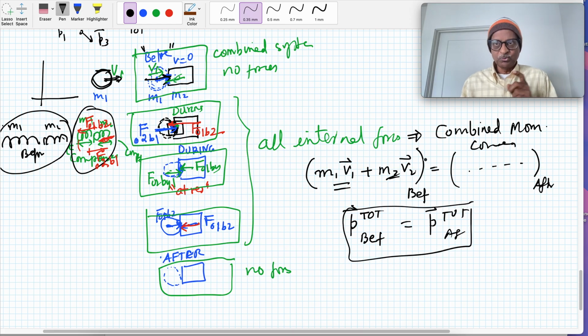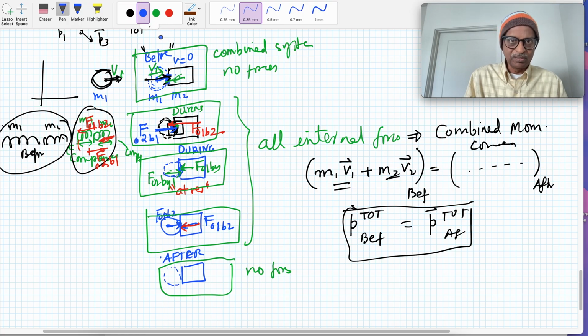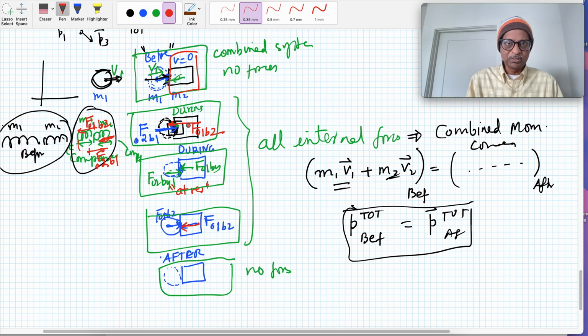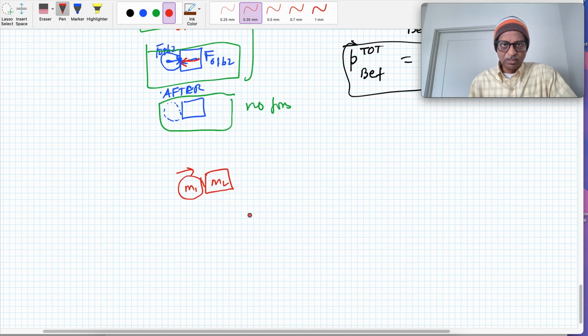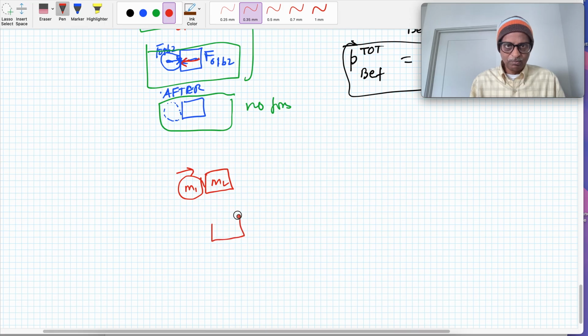But people get confused about what's internal and what's not internal. Look at this. If I think of this as my system, then right now there's no force. So let's look at the same problem. This is M2 and this is M1, and this is coming, and now we have M2 pressing, and then this is M1.